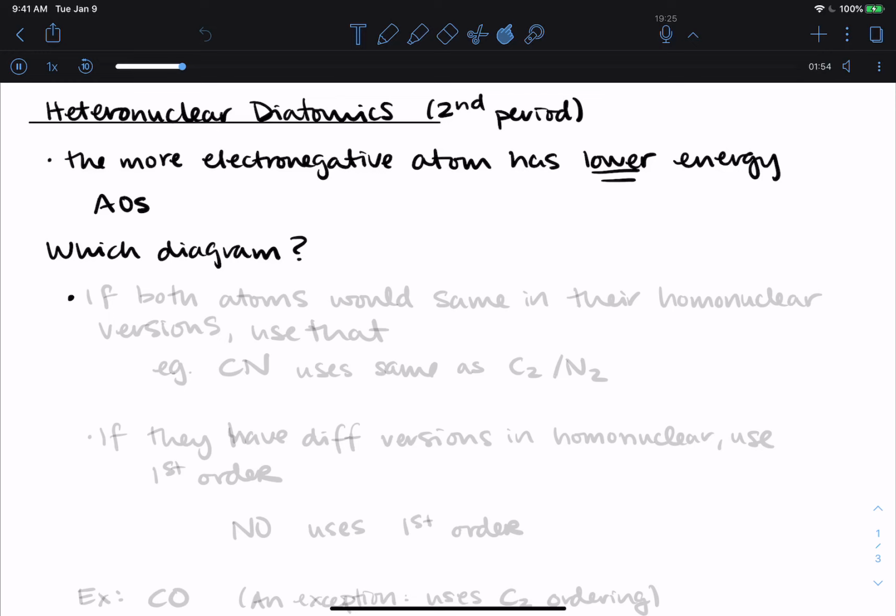First part of this: if both atoms would use the same diagram in their homonuclear versions, use that diagram. And I will give you an example for this.